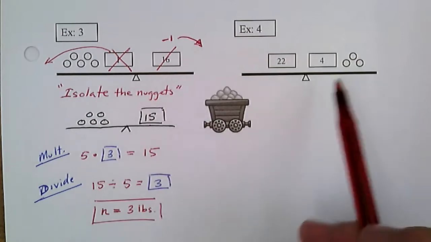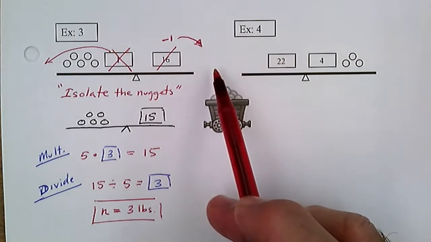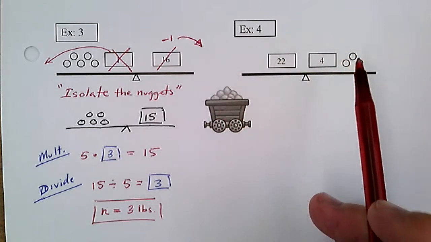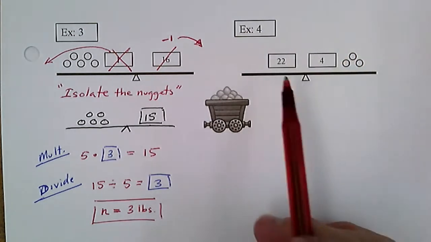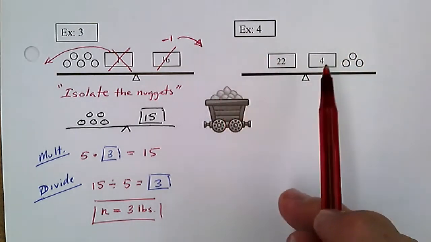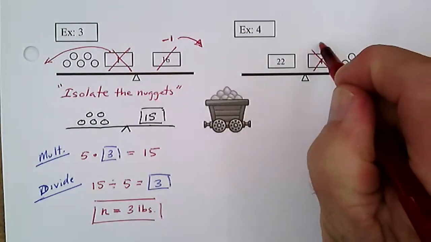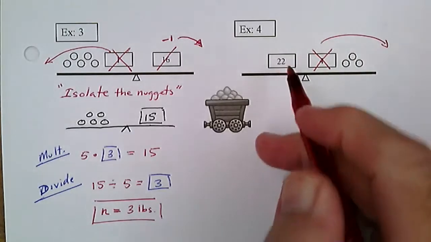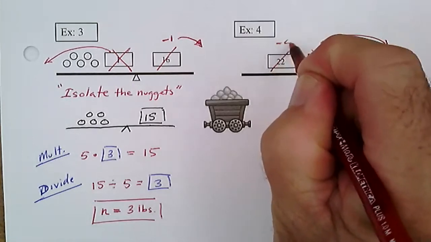So if I try to take 22 pounds off, I could take this off, but I don't have 22 pounds over here. I have to take off the same amount. So I can't take 22 off, but I can take 4 off. So I'm going to completely take this off, so that's gone. And then out of this 22, I'm going to subtract 4, minus 4.